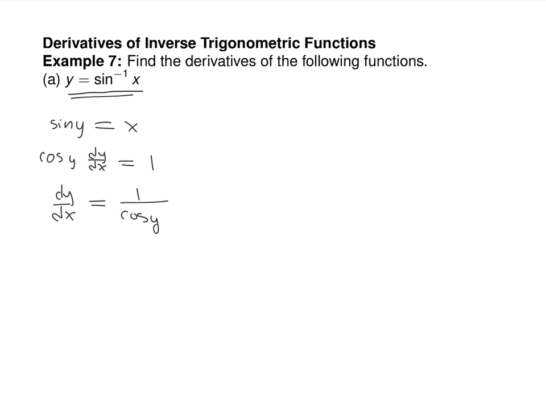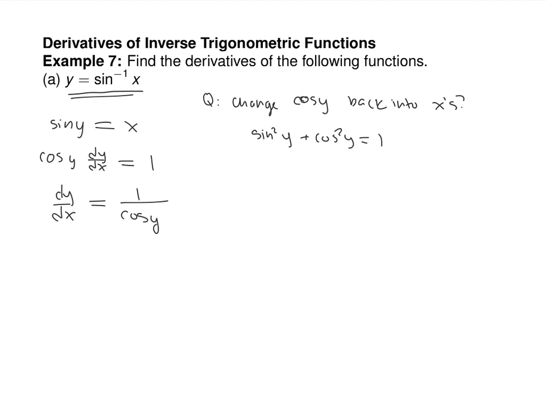Okay, and now the question is, how do you change cosine y back into x's? Because this formula will be useful if we can have a formula that tells us the derivative of sine inverse x is something that involves x's in it. And the trick is you use the Pythagorean identities. You say sine squared y plus cosine squared y equals 1.